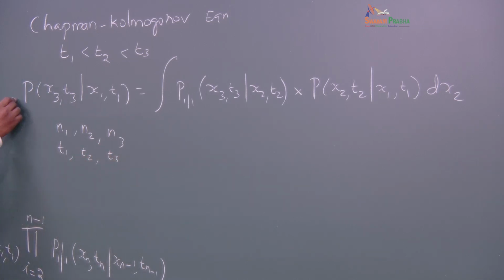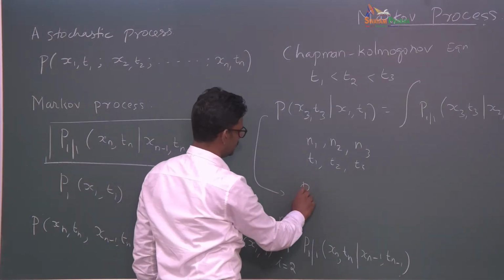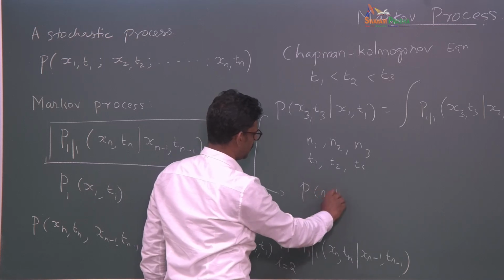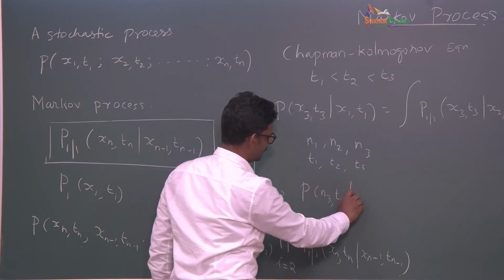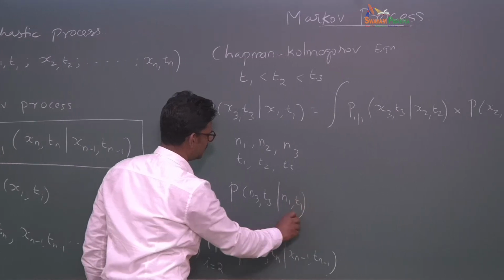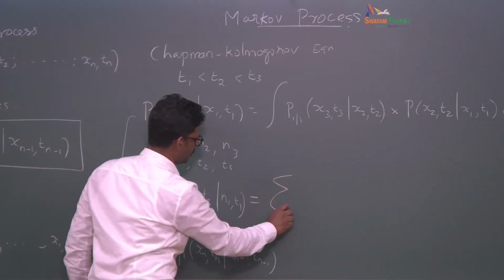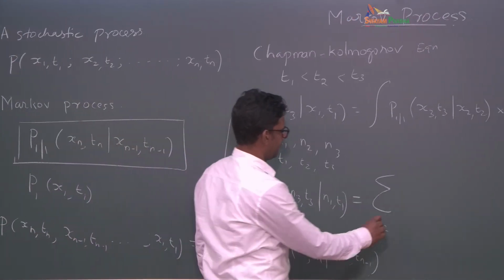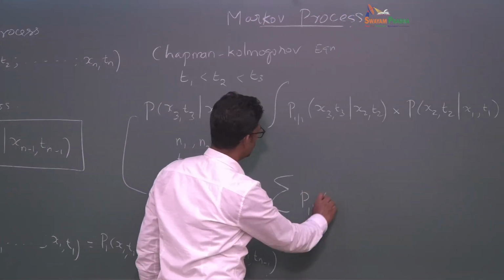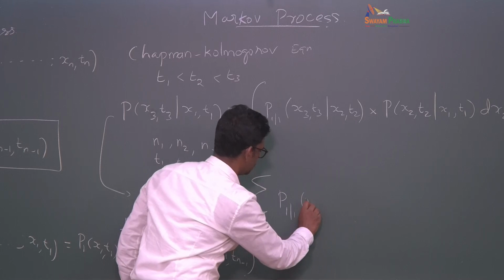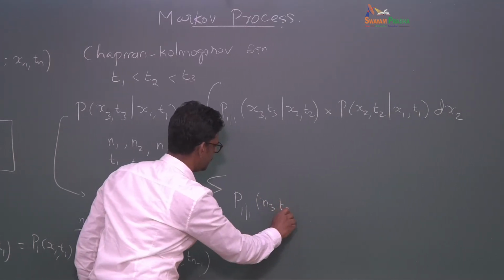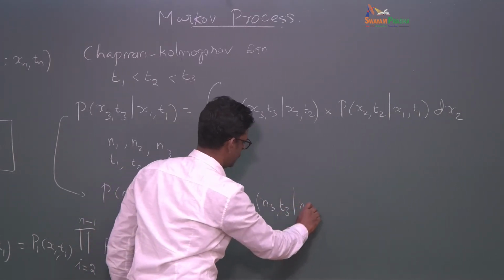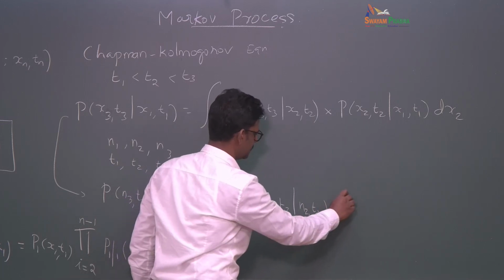The same equation here can be written as P of n3 comma t3 given n1 at t1. This has to be a sum over all possible n2 of P of n3 t3 given n2 t2, times P of n2 t2 given n1 t1.